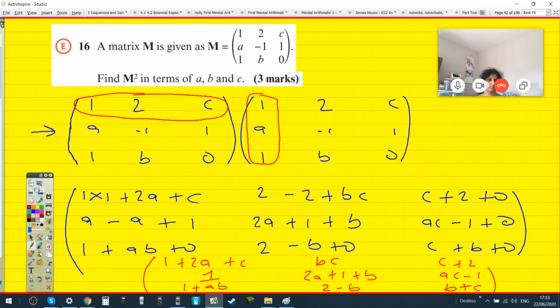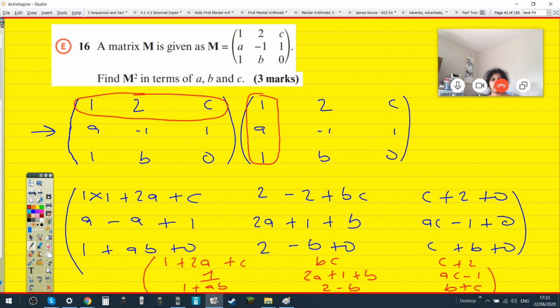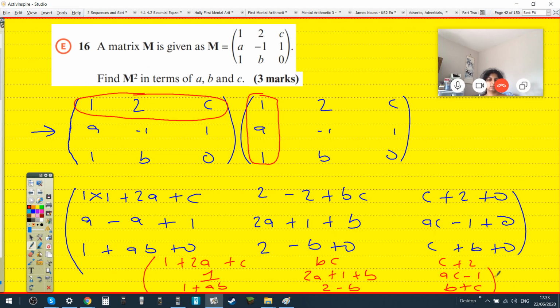Yeah. So the matrix is 2A plus C plus 1, AB plus 1, BC; 2A plus B plus 1, 2 minus B, 2 plus C; AC minus 1, B plus C. Great. Any questions there? Yeah.